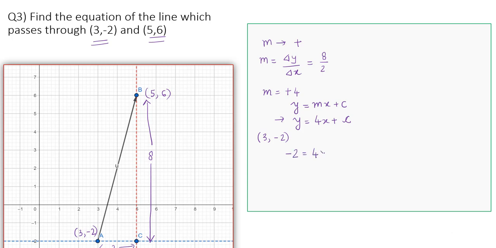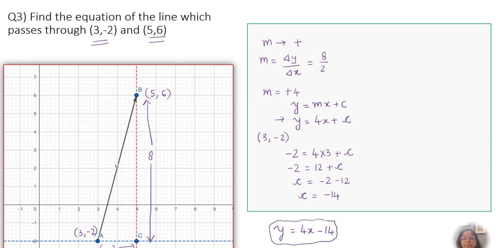The 4 is to be multiplied by the value of the x coordinate, which is 3, plus c. So that makes it -2 equals 12 plus c. And finally, that gives us c equals -2 minus 12, which makes c equal to -14. So hence the final equation for this is going to be y equals 4x minus 14. As simple as that.